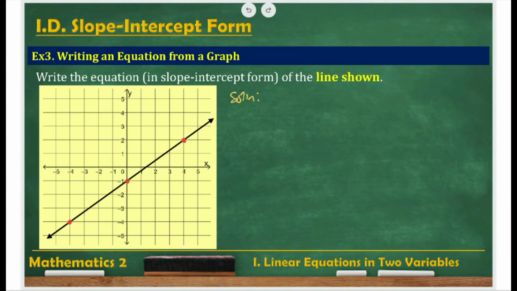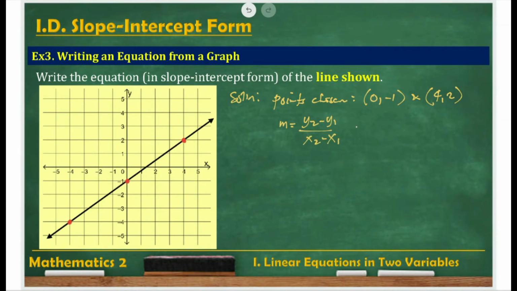I'm going to choose points (0, -1) and (4, 2). And then using the slope formula, I know that the slope formula is m is equal to y sub 2 minus y sub 1 all over x sub 2 minus x sub 1. Suppose for my chosen points, 0 is x sub 1 and -1 is my y sub 1. And for the second point, 4 is x sub 2 and 2 is y sub 2.